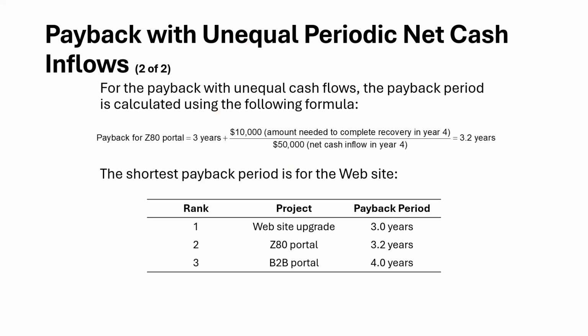So based on the payback method alone, the website upgrade does provide the shortest payback period of 3 years compared to the Z80 portal payback period of 3.2 years and the B2B portal payback period of 4 years. So the website upgrade is more attractive, even with the payback period method.